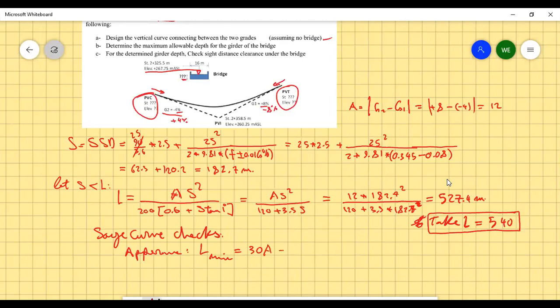So this will be basically 360 meters. That's the minimum for this difference in grade. So we are done with this because we have 540. So that's the first check. The second check is for drainage.